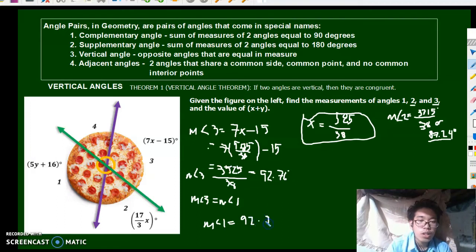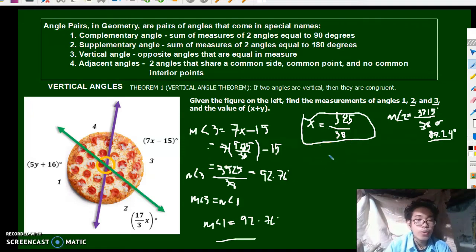When substituting, always remember that we have to substitute the exact value, which is 585 over 38, the fraction, not the decimal, so that we can get the exact angle measurements. So we have angle 1, 92.76 degrees, angle 2, 87.24 degrees, and angle 3, also 92.76 degrees. And we also have the value of x, which is 585 over 38.